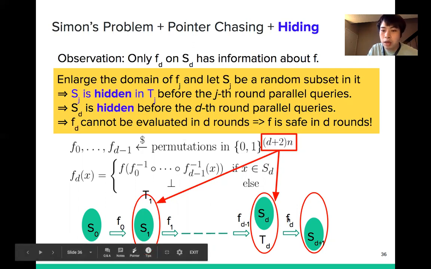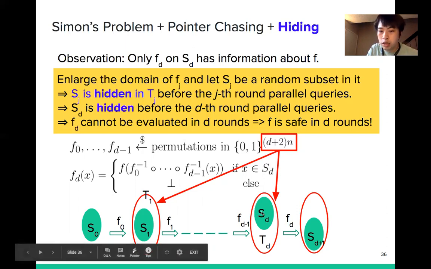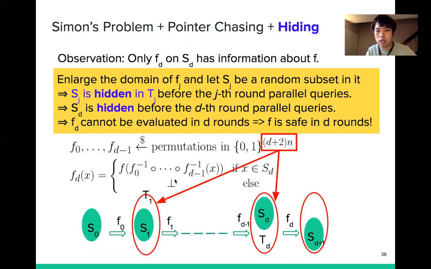For fd, if the input is in Sd, so Sd are like the true domain, here we have f0, and f0 will map s0 to s1 in the larger domain T1, right? So we have the true domains inside the larger domains, and if the input of fd is in Sd, we'll map it to f of x. But if the input is not in Sd, we'll just map it to bottom, where bottom is some symbol that implies no information.